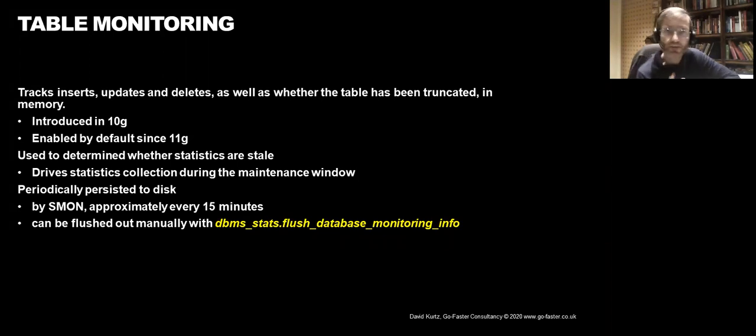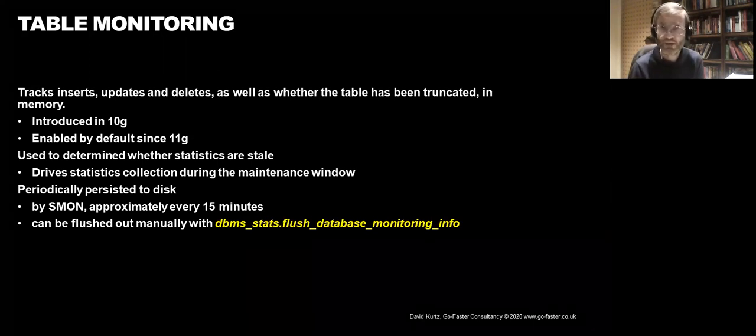As far as I can tell, they're built on the same mechanism that does table monitoring. Now, table monitoring was introduced in 10G, and it's been there by default since 11G. It's the thing that counts in memory how many updates to a table there have been, or whether you've truncated it, and therefore determines whether statistics on a table are stale.